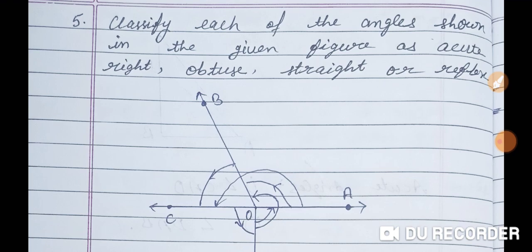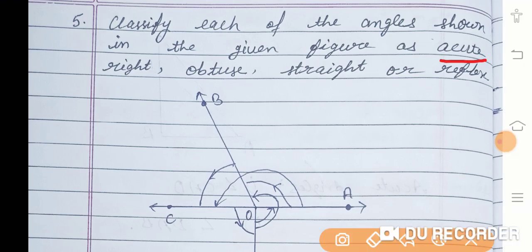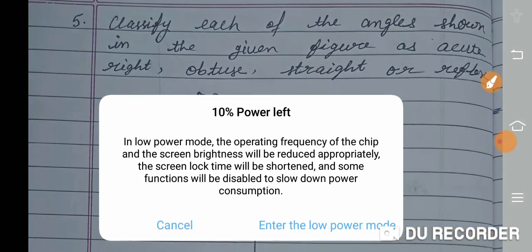My dear students, an acute angle is the angle which is more than 0 degree and less than 90 degree.